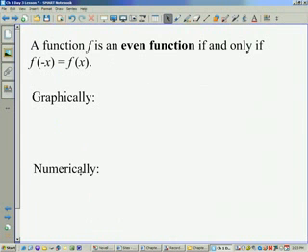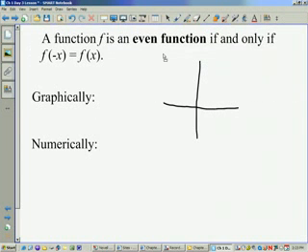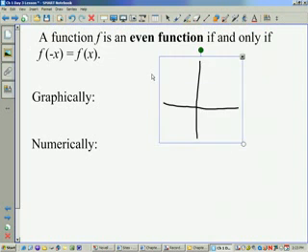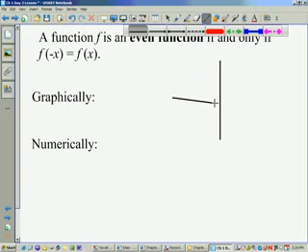So let's look at it graphically. We know that even functions reflect across the y-axis.